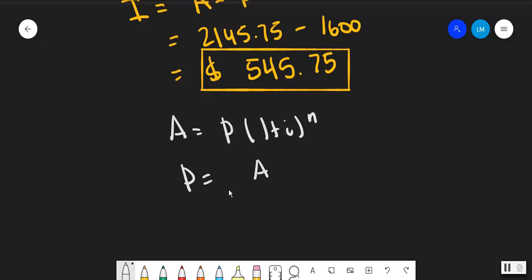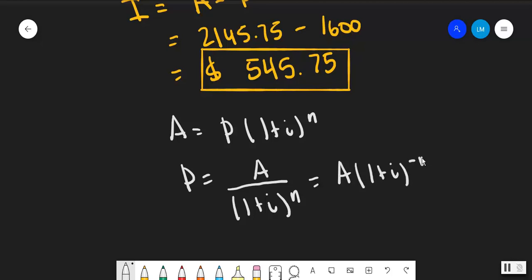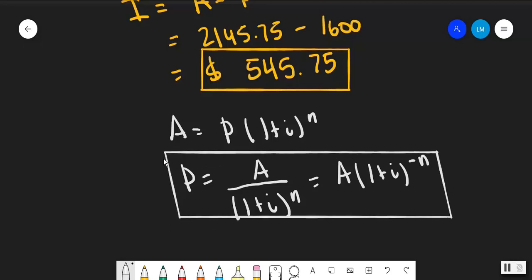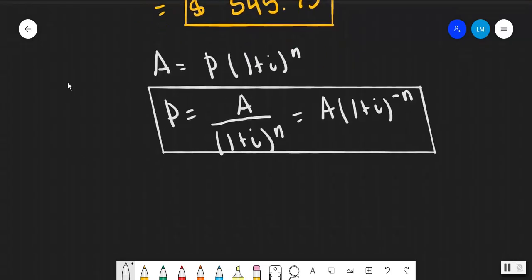So you have A divided by 1 plus I raised to the n, but that's really the same thing as A times 1 plus I raised to the negative n.